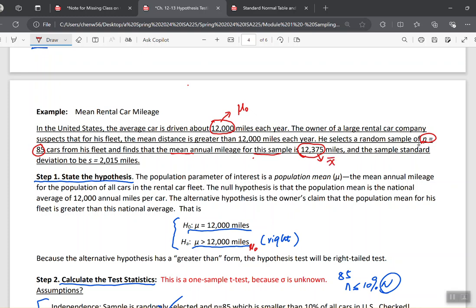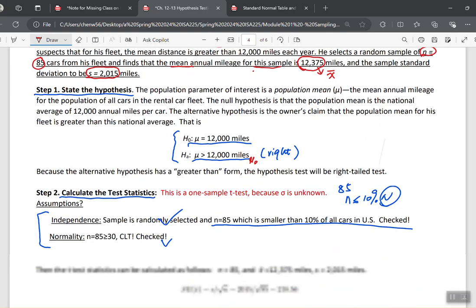And the sample standard deviation is s, which is 2015 miles. Now we have all the things in this question except the population standard deviation. We cannot find the population standard deviation sigma. That means we need to use the t-test statistics.